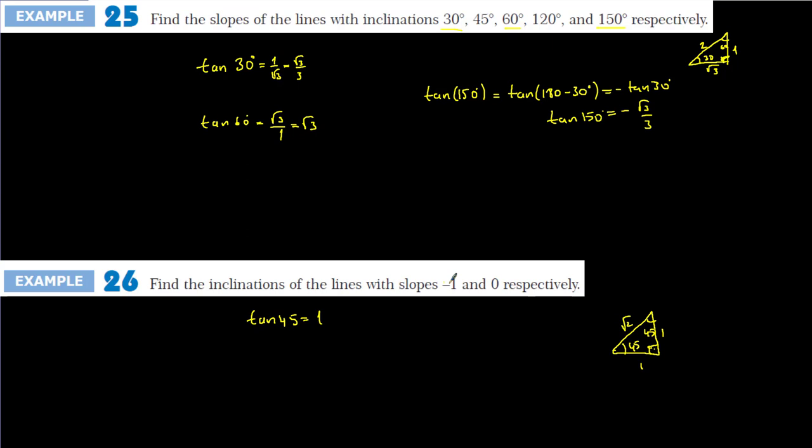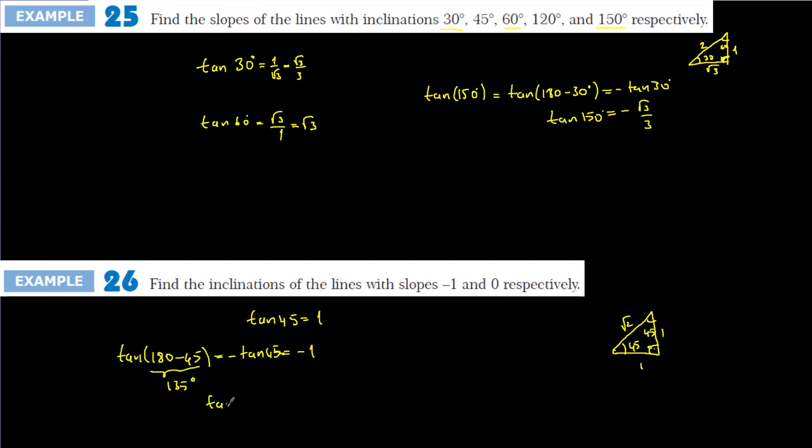But in which condition might it be minus 1? When it is tangent of 180 minus 45, which is minus tangent 45, equal to minus 1. This means the angle is 135.